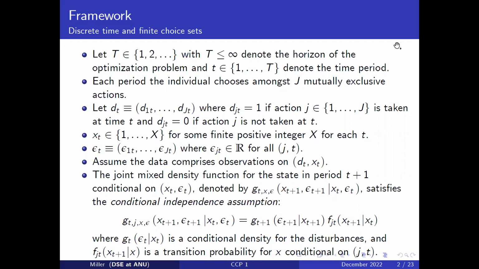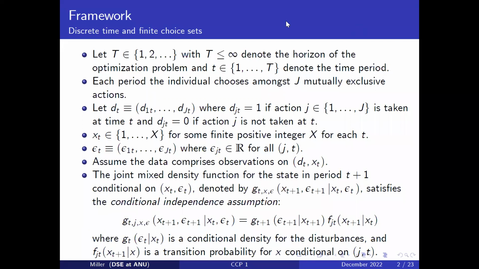We set an indicator function, the little d equal to 1 if you make a given choice at a given time, or 0 otherwise. So obviously the d's sum up to 1 at each point in time t, and they're either 0 or 1.